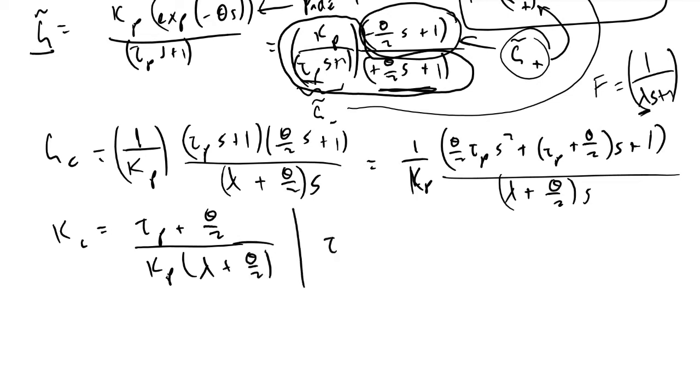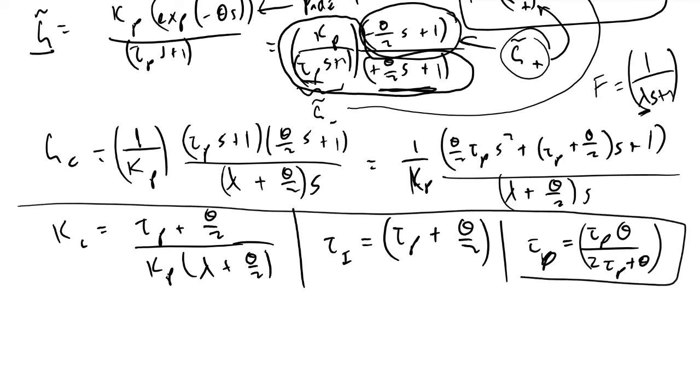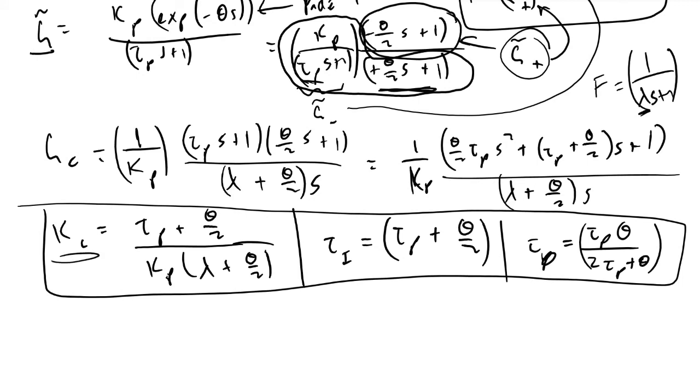Our integral time constant in our PID controller should be equivalent to tau p plus theta over 2. And finally, our derivative time constant tau d should be equivalent to tau p times theta divided by 2 tau p plus theta. And so this is what we find we should implement for our PID tuning parameters based on the IMC method for a first order process with lag or dead time.